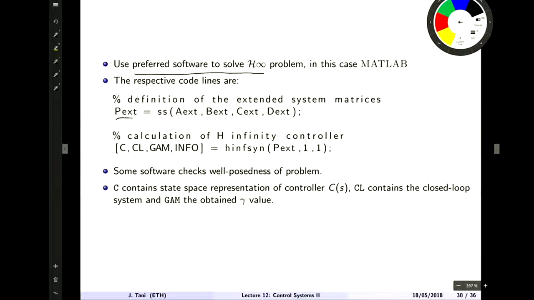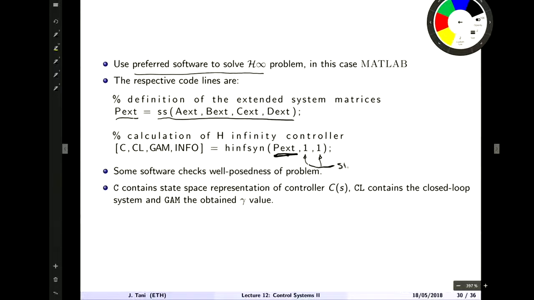So we say, well, P extended is a state space representation of these 4 matrices, which you have derived in a long and painful process of design. And then we put this extended system into the H-infinity solver, and we specify the number of inputs and outputs.